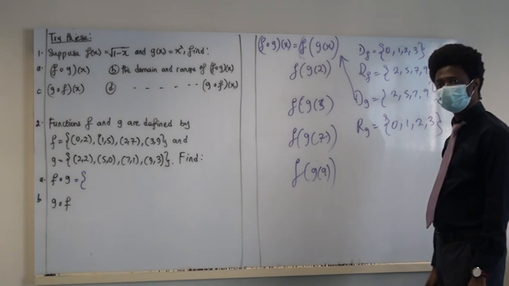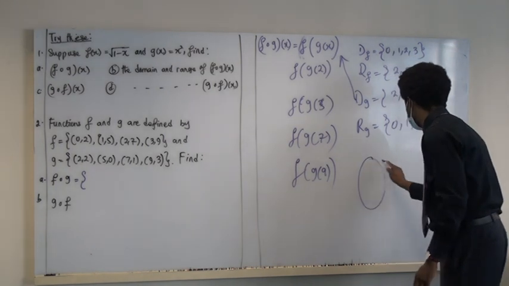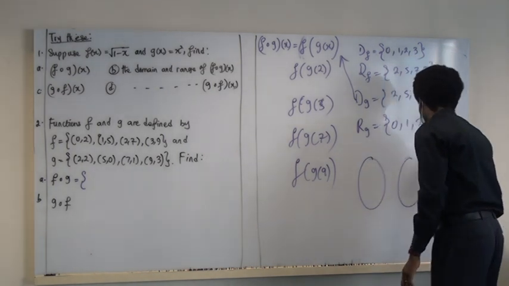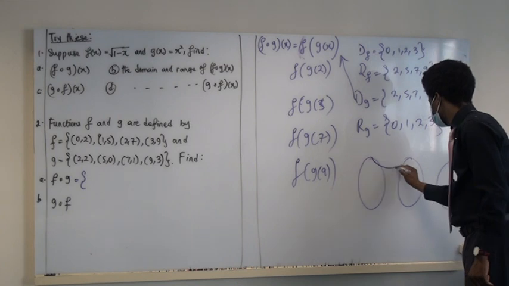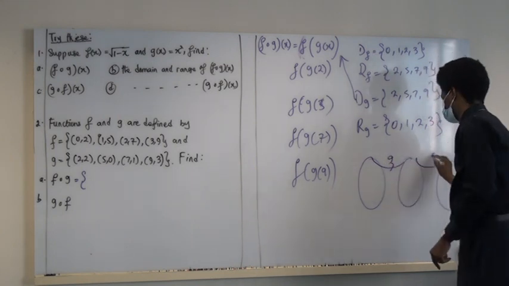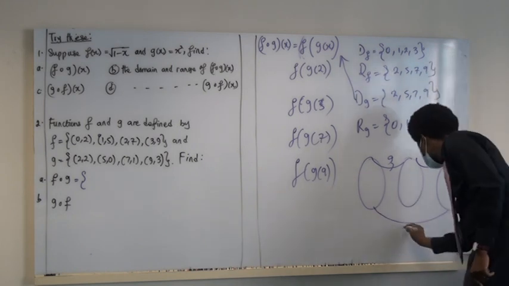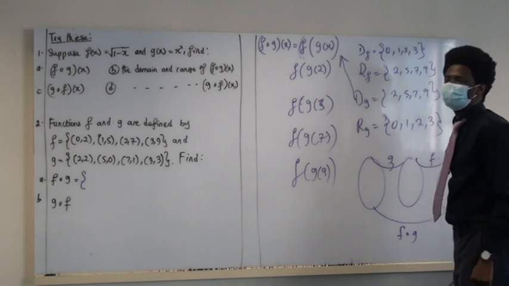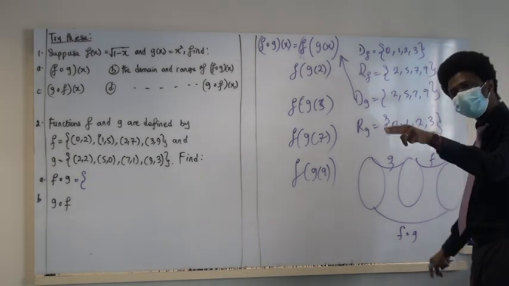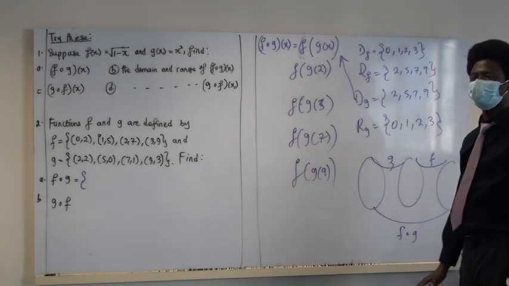Am I making sense? That was why yesterday I drew a mapping diagram. I said, if this is g, do you notice I wrote g first? Then I wrote f. And I said the composition is f composed with g. This was why I referred you back to the mapping diagram, because the clue was there.